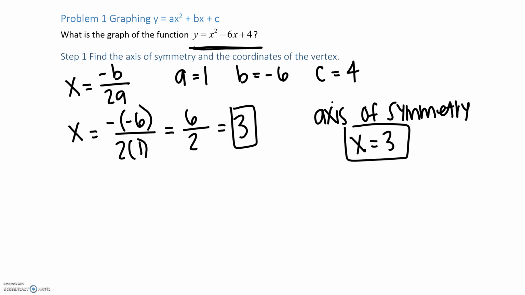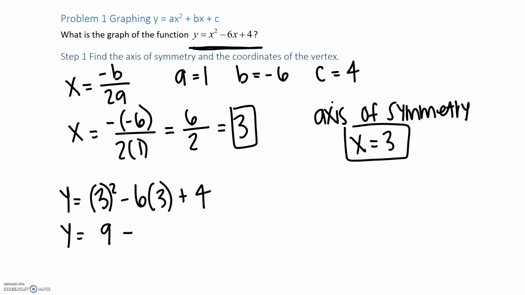So to find the y-coordinate of our vertex, we're just going to plug in what we just found for x into our original function up here. So we have y equals 3 squared minus 6 times 3 plus 4. Okay, so that's going to give us y equals 3 squared is 9, minus 6 times 3 is 18, plus 4.